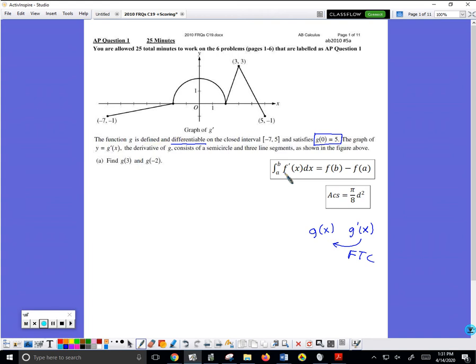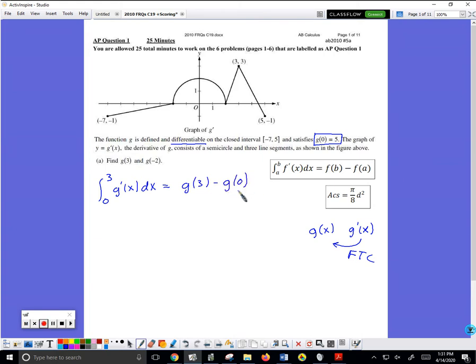This will be g prime, this would be g, this would be g. And I'm trying to find g of 3, so I want the rearranged version of this, but let's just use that for a second. I know the value of g at 0, trying to find the value of g at 3, so I integrate g prime, that must equal g of 3 subtract g of 0.